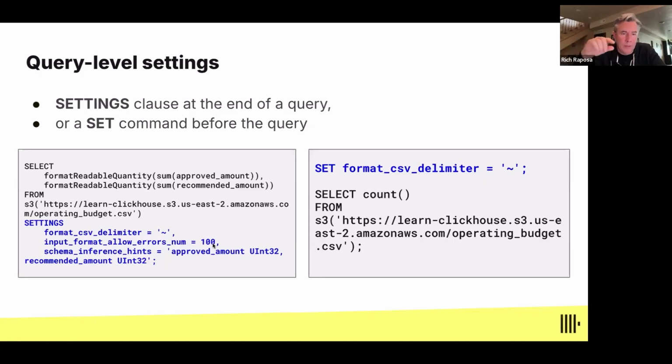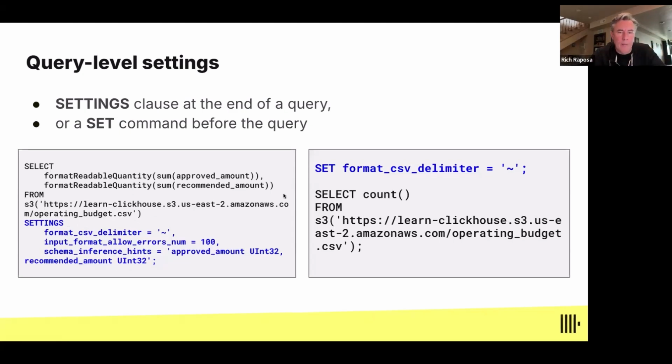I'm saying process this file with up to 100 errors I'm okay with. And I'm adding some schema inference hints. This is a lovely setting. I use it all the time. It's going to infer these data types wrong. So I'm going to make approved amount be a UInt32 and recommended amount be a UInt32. So this is an example of settings at the query level.